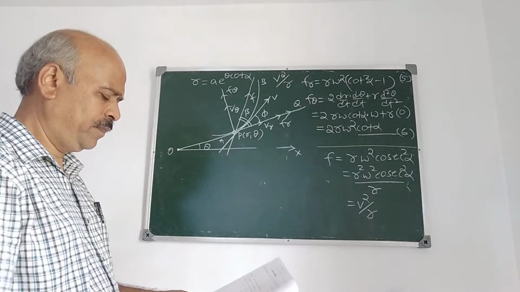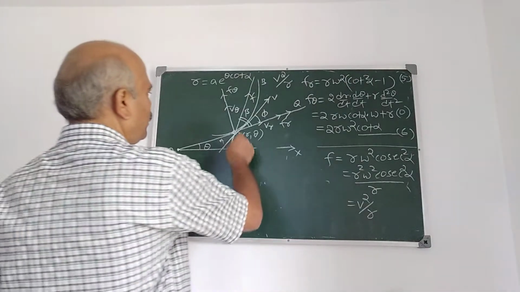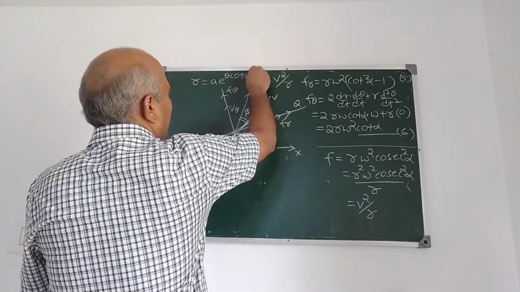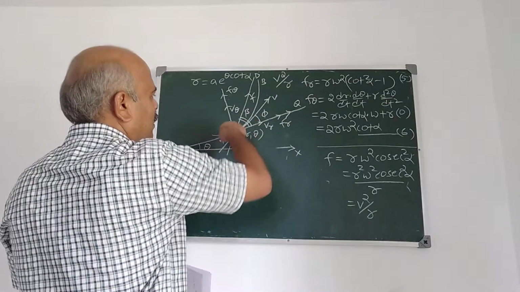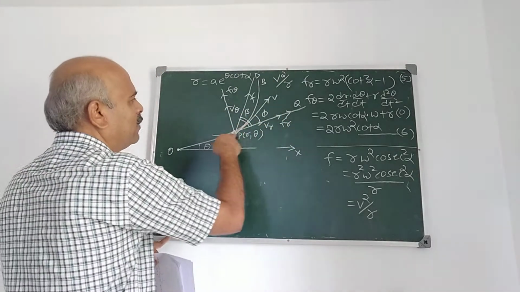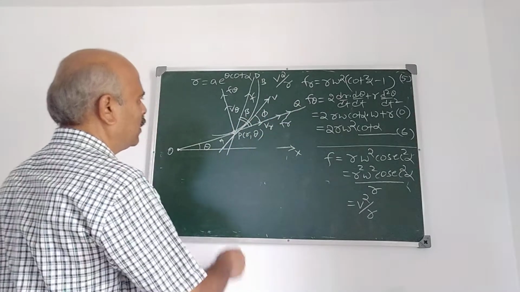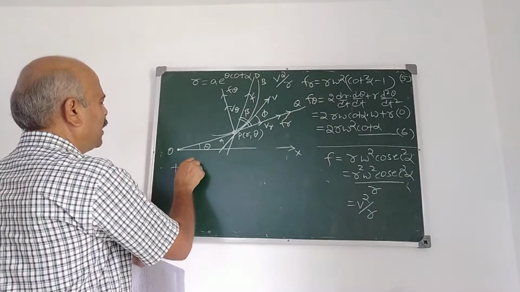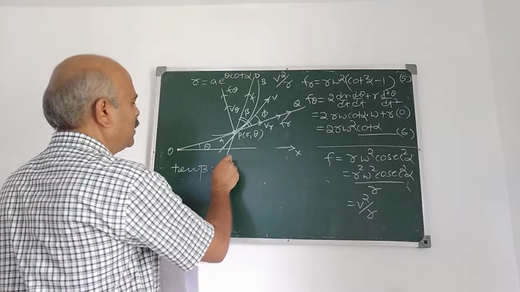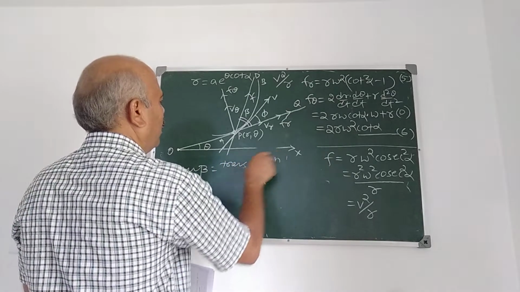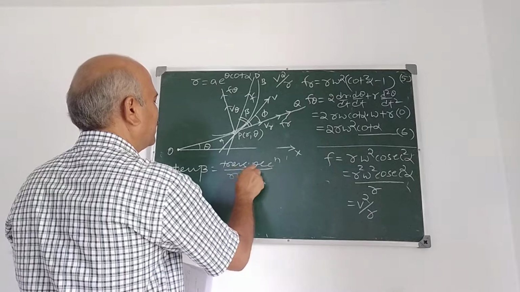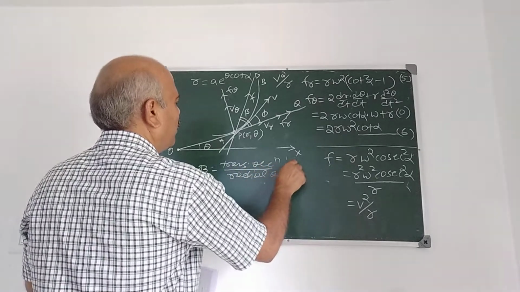For that, suppose PD is the direction of this acceleration, and it makes an angle beta with the radius vector. Then tan beta is transverse acceleration upon radial acceleration. This is the formula.